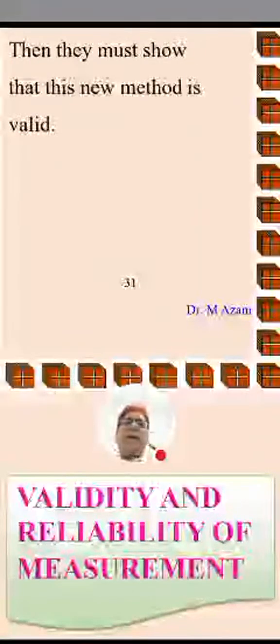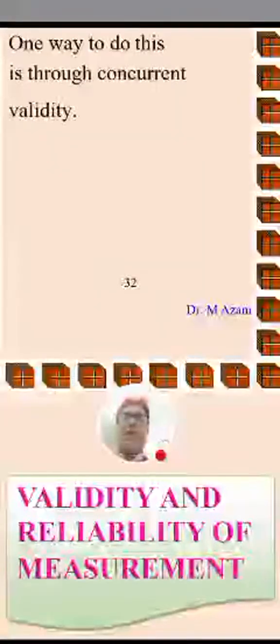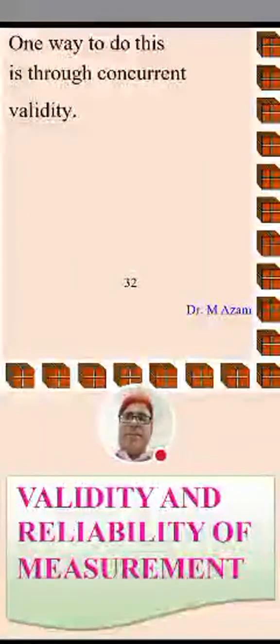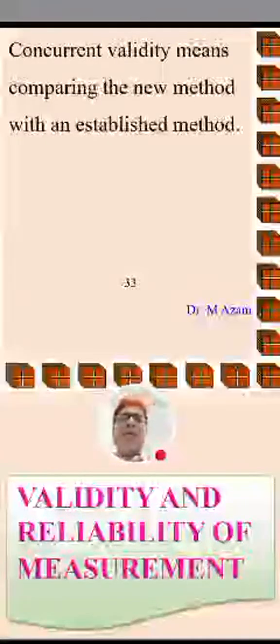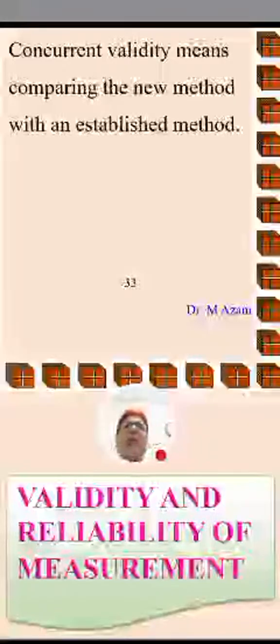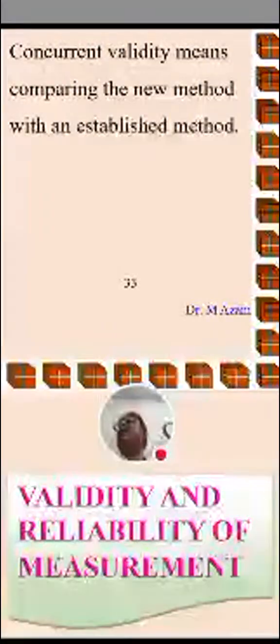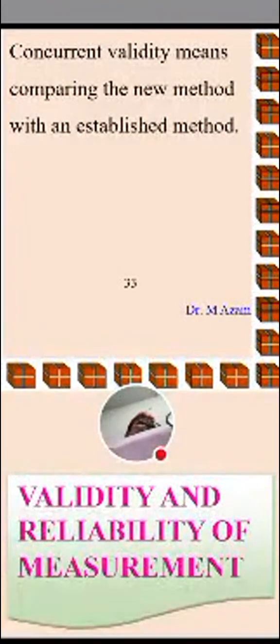Then they must show that this new method is valid. One way to do this is through concurrent validity. Concurrent validity means comparing the new method with an established method. Comparing a new method with an old method.